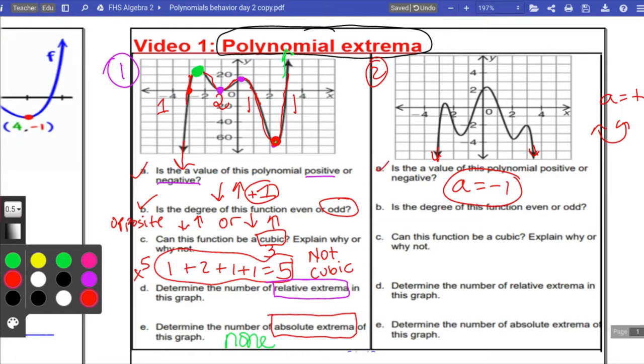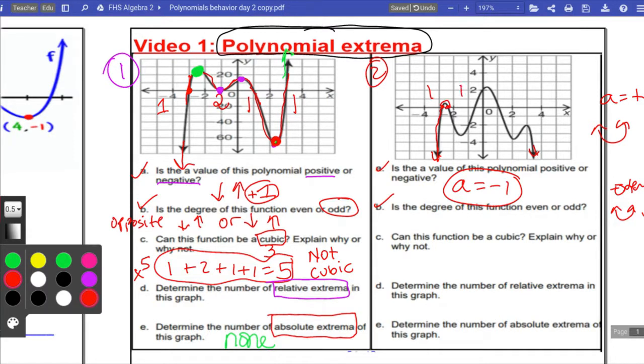Moving on to B. Is the degree of this function even or odd? Well, I'm going to tell you right now, without even doing any work, if they're both facing upward, the same direction, then it's even. Or if they're both facing downward, it's even. And let's say you just want to do the extra work because you like to do the extra work. Boom, cross, 1.